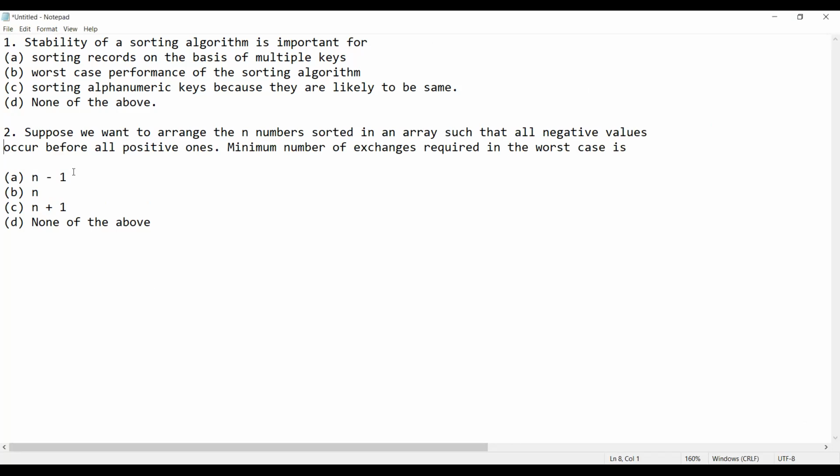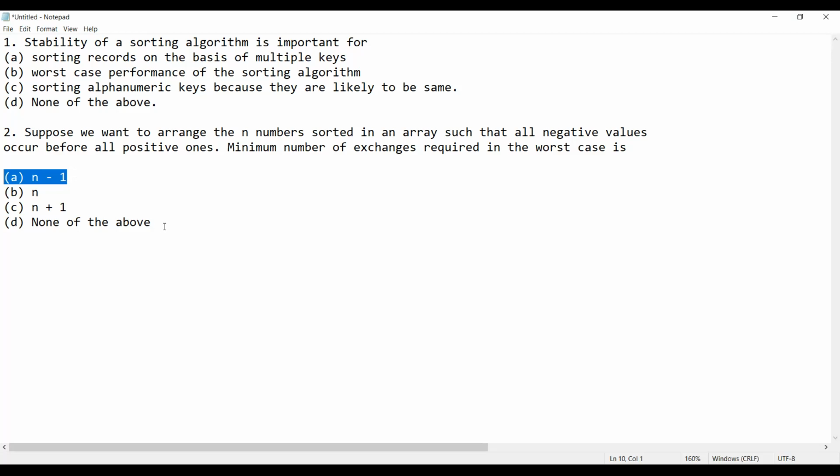Option A is the right one, because worst case means the data items are arranged in ascending order and we want to perform descending order sorting, then it is considered the worst case because the time complexity is highest. And the reverse of the worst case is the best case. So if n number of elements are there, obviously in the worst case, the total number of comparisons is n minus 1.